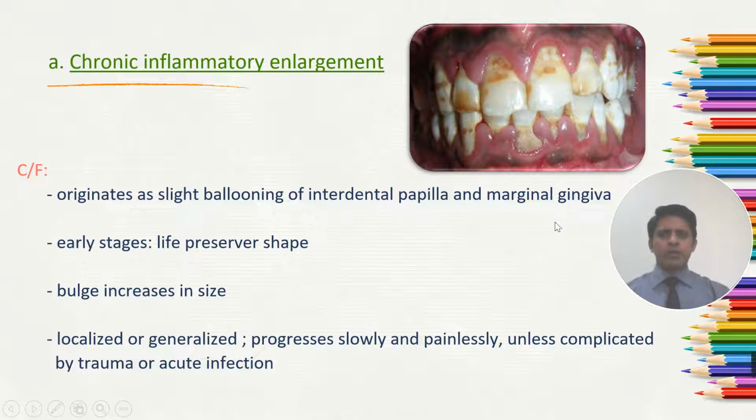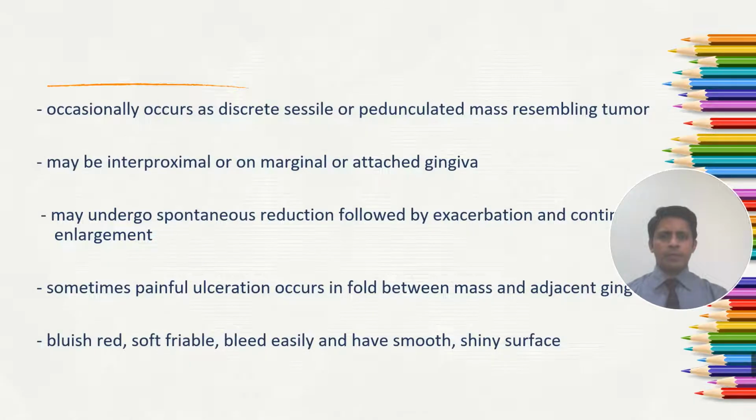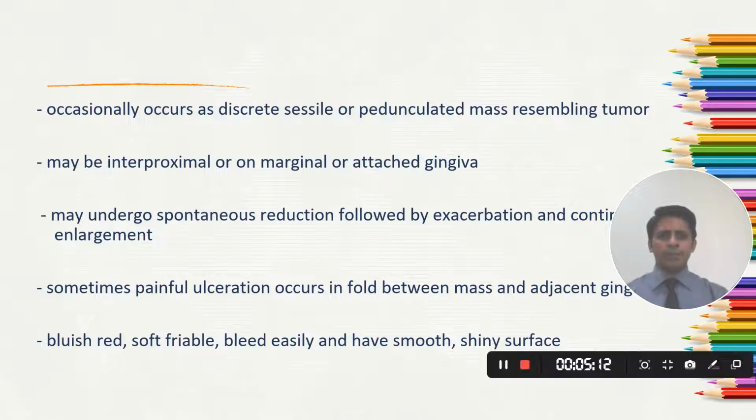The bulge increases in size and it may be localized or generalized, and progresses slowly and painlessly unless complicated by trauma or acute infection. It occasionally occurs as a discrete, sessile or pedunculated mass resembling a tumor.